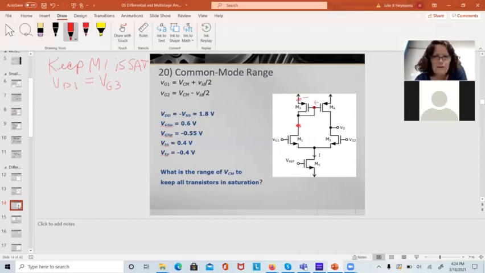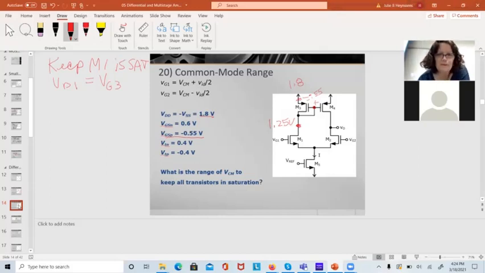The VGS of the PMOS transistor is negative 0.55, which means this voltage here has got to be, 1.8 is my drain voltage, 1.8 minus 0.55. This voltage here is 1.25 volts.